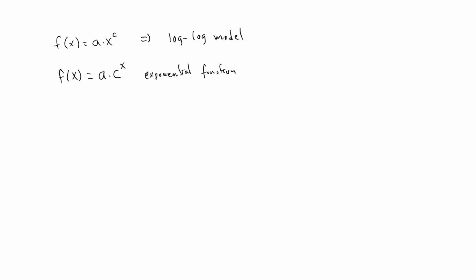One exponential function is particularly important, and that's the natural exponential function. So if we write it as a times e to the x, that is, we pick this c to be precisely e, the natural 2.71 something, then it's the natural exponential function.